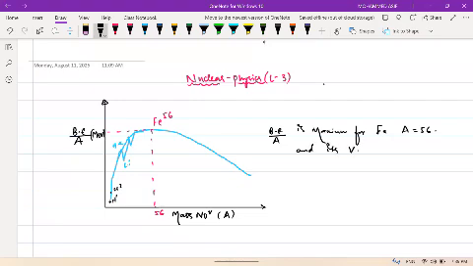And its value is 8.75 MeV. You need to remember the binding energy per nucleon for iron. What is the answer? 8.75 MeV, which is your highest. Am I clear?